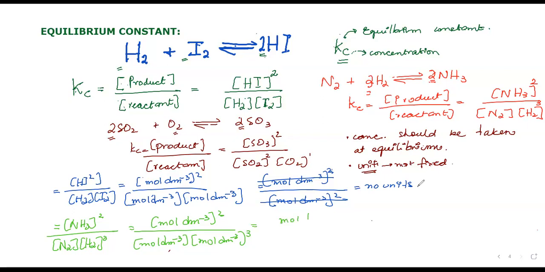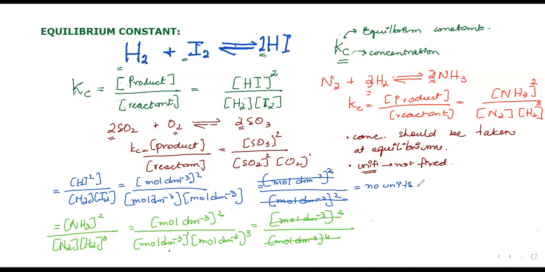So, mole dm^-3 raised to the power of 2 divided by, over here, whenever we are multiplying two indices, we add them up. This is raised to the power of 1, because whenever we don't write down the power, it automatically means power of 1. So 3 plus 1 becomes 4. So mole dm^-3 raised to the power of 4.